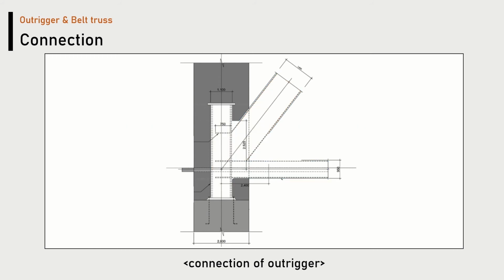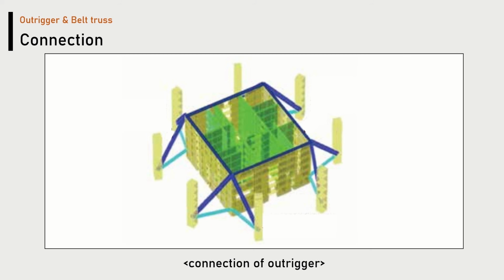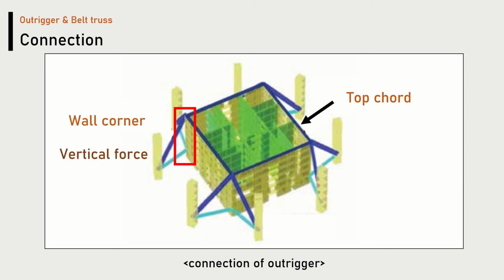Horizontal forces of the outrigger diagonal member are supported by the bottom chord. And also the top chord supports horizontal forces of the diagonal member. At the wall corners, to support the vertical force of the outrigger diagonal member, a vertical post is installed at the top and bottom of the outrigger member.